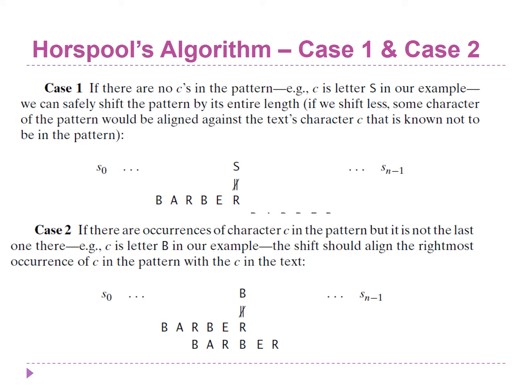For example, let the last character in the pattern, which is R, be matched with B in the text. B occurs in the pattern barber, but it is not the last character. Then B must be aligned to the rightmost occurrence of B in barber.